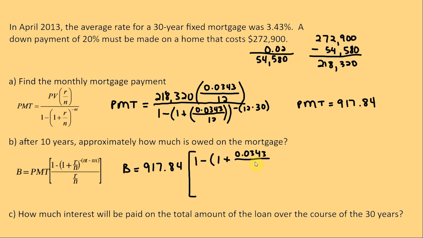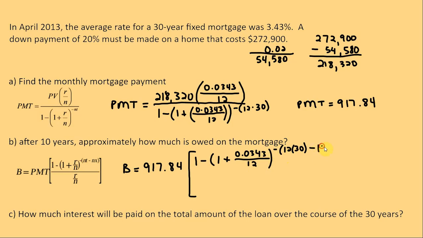This is a monthly mortgage payment, so that'd be 12 times a year. And that's raised to the negative 12 times the 30-year mortgage, but we're going to subtract the payments that have been made.